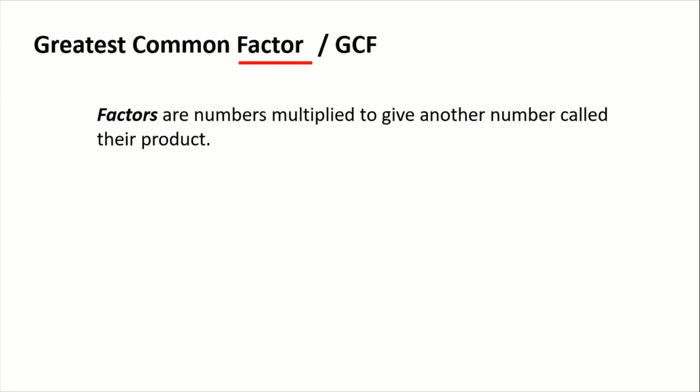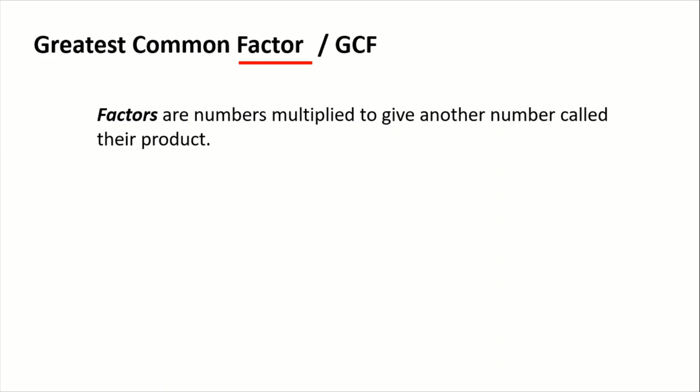Alright, greatest common factor, mas kilala siya as GCF. Okay? So, bago yan, alamin muna natin kung anong ibig sabihin ng factor. The factors are numbers multiplied to give another number called their product.